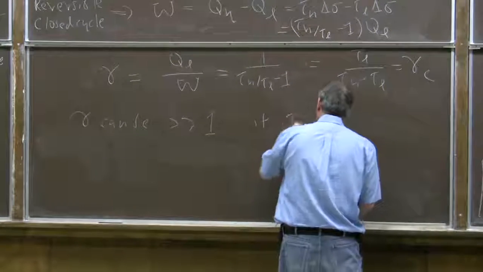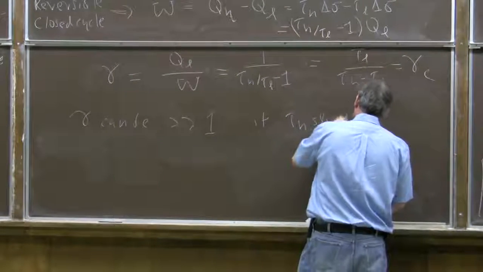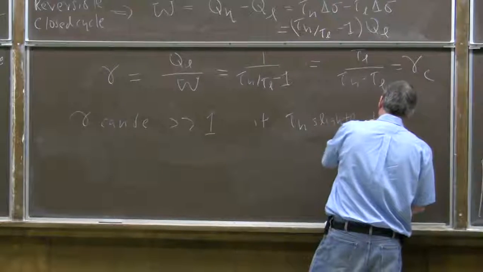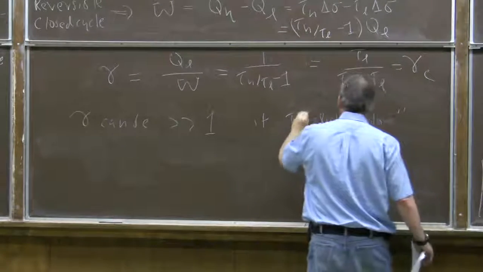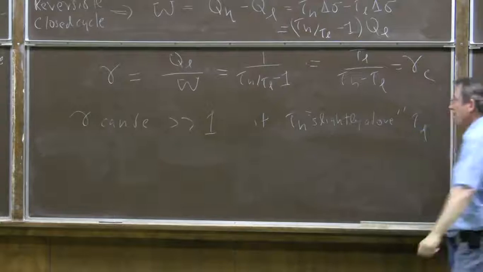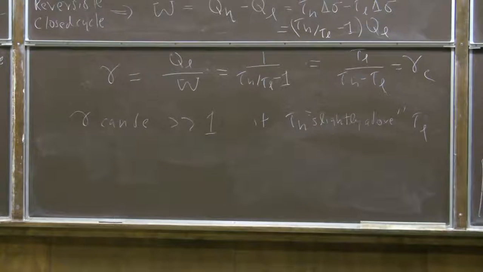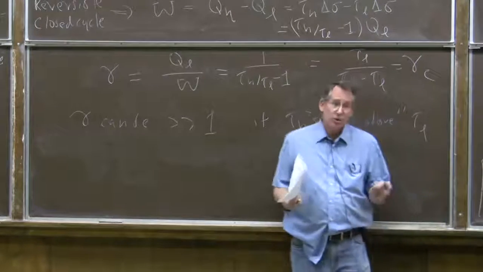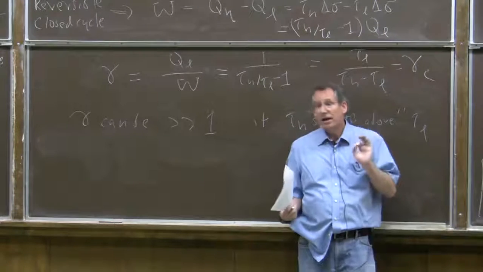So I'll say if tau H is slightly above tau L. Okay? That's because in order to pull a lot of heat from the refrigerator, we don't have to do very much work, because we're going to expel the heat at only a slightly higher temperature.